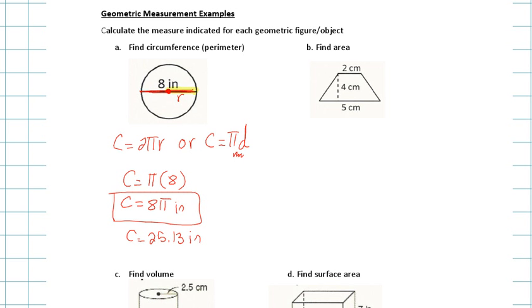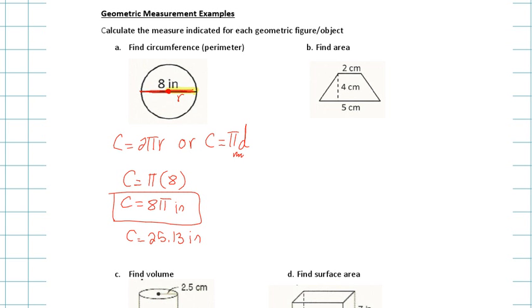Trapezoid. That's right, trapezoid. Look at your formula sheets. Trapezoid is the one second from the bottom, right? A trapezoid has 2 parallel lines and 2 non-parallel lines. The question asks you to find the area. So the area of a trapezoid is half times a plus b times h.